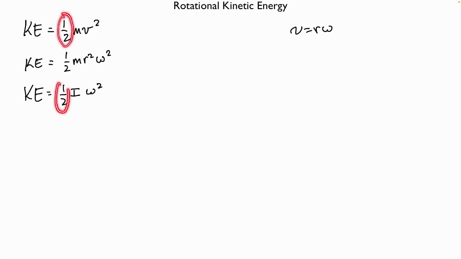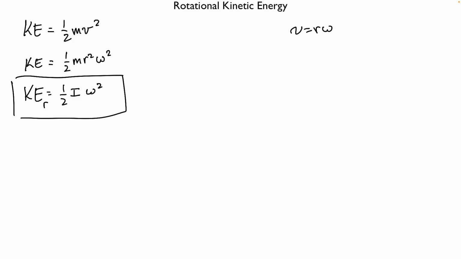I have a 1/2. I have a speed squared. And then I have a single thing sitting in between. This is called rotational kinetic energy. And I is rotational mass. What the heck is that?